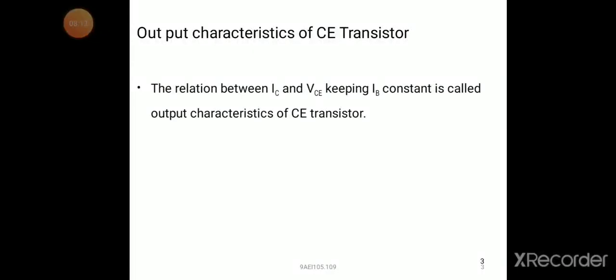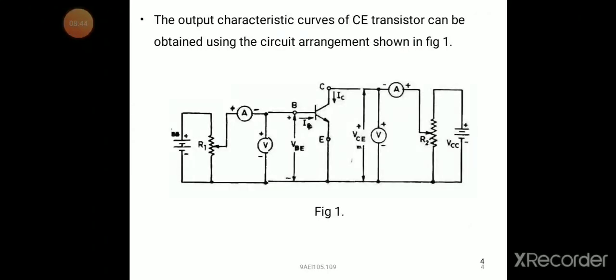We can also say that the characteristics graph between VCE and IC at the output side, when IB is constant, is called the output characteristics of the common emitter configuration. The output characteristics curves of a CE transistor can be obtained using the circuit arrangement shown in the figure.